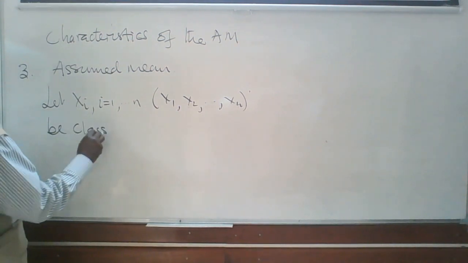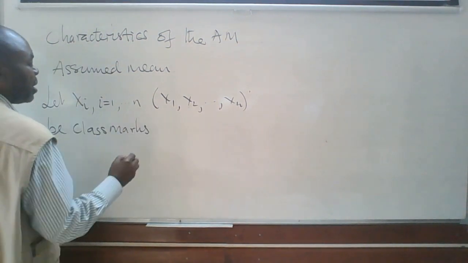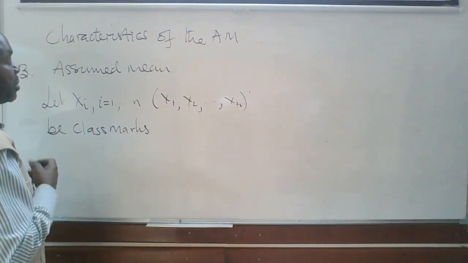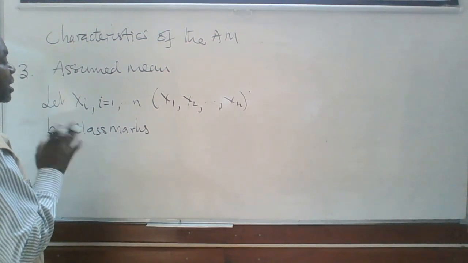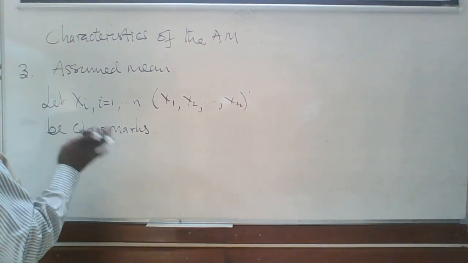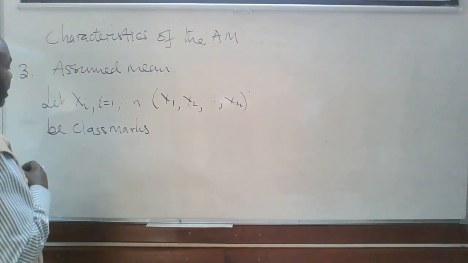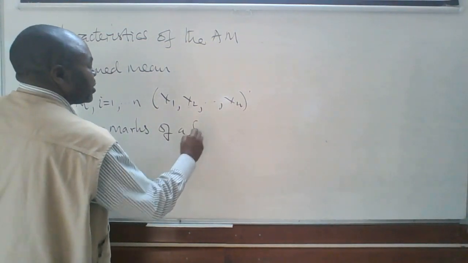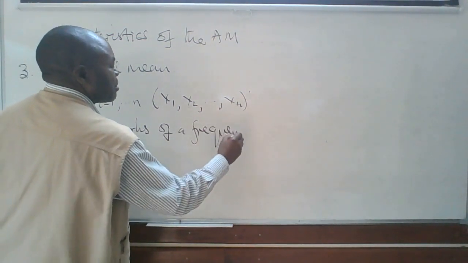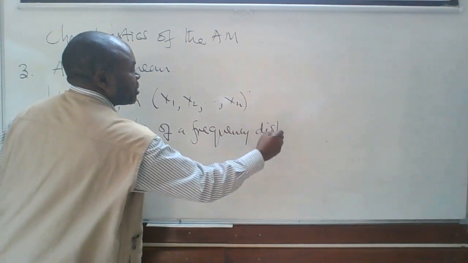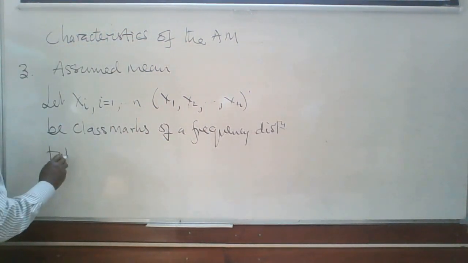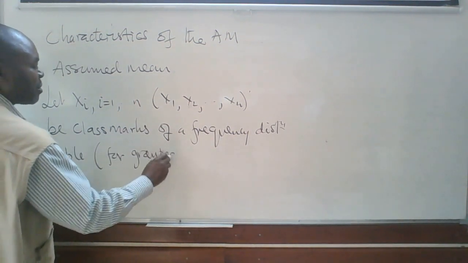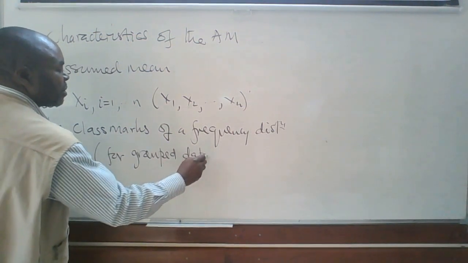Class marks are the middle values of classes representing grouped data. Let these be class marks of a frequency distribution table. I'll remind you, this is for grouped data.